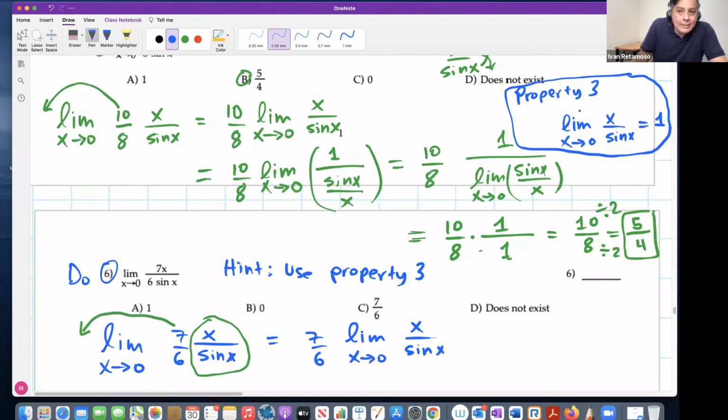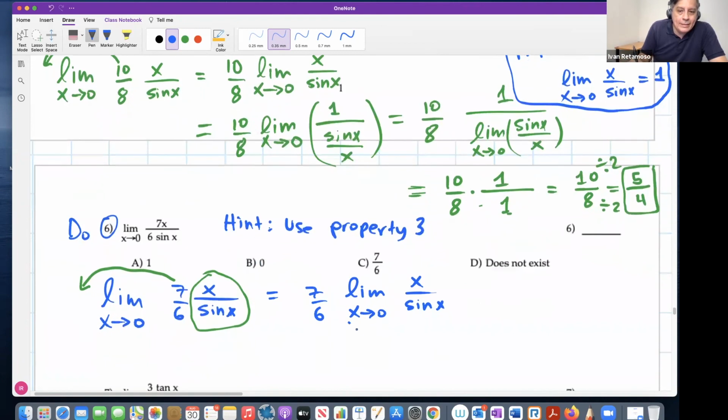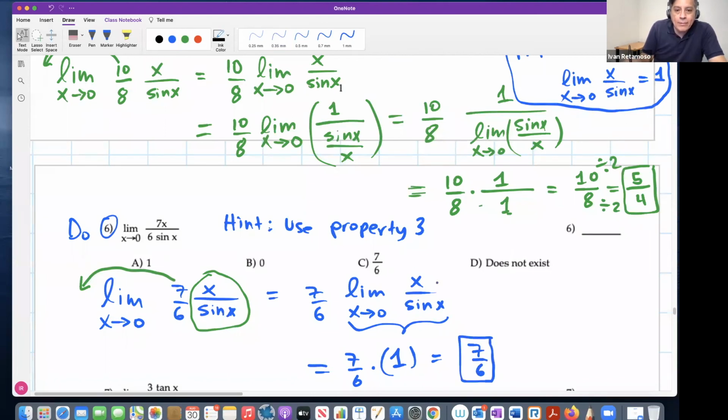But we just said that property 3 says that this guy is still 1. 7 over 6 times 1 equals 7 over 6. And this is it, the limiting exact form. Excellent, excellent. Very good, guys. This one, right? Very good, Professor.